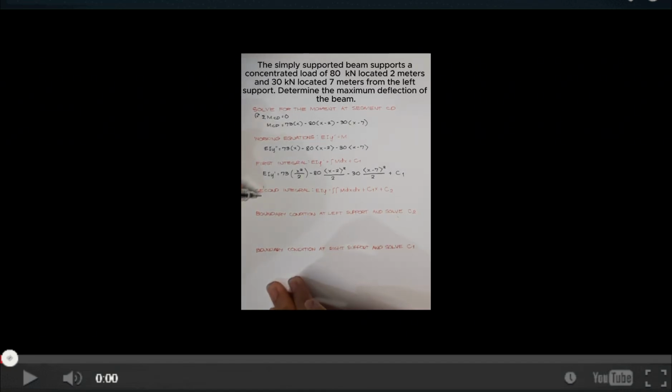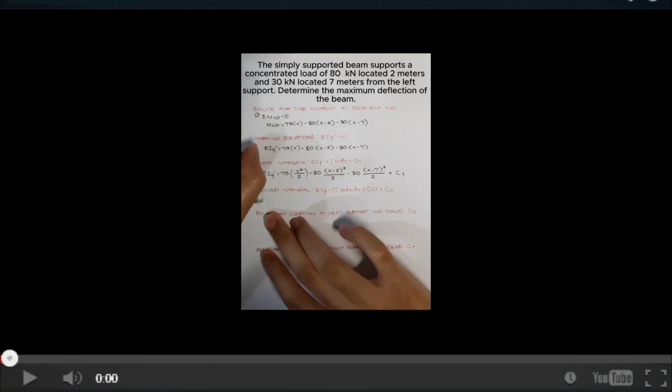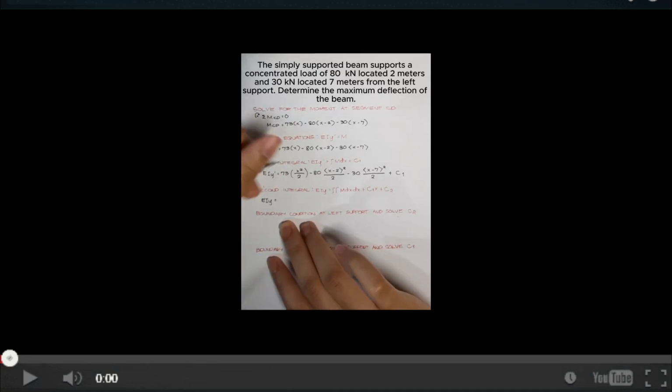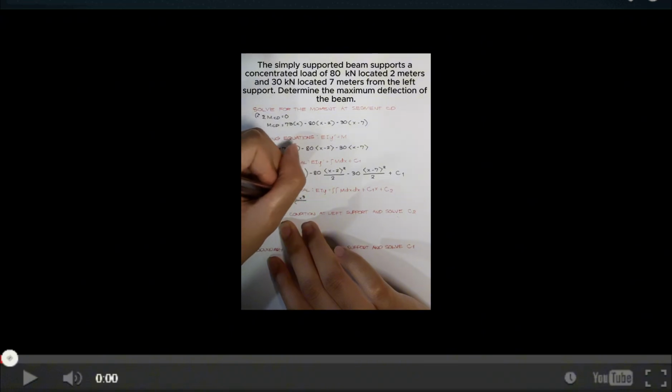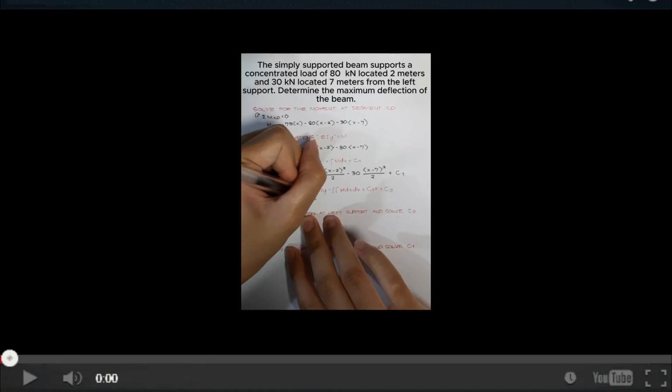So, for the second integral, mag-add tayo ng another 1 for the exponent. So, magiging 3 siya. Then, for 73, 80, 30, i-divide natin siya sa 2. 73 divide 2, that is 36.5 x cubed over 3. 80 divide 2, that is 40.